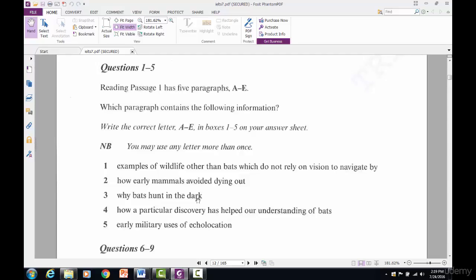Again, these are the words that I would circle so I can keep them in mind. Number 4 is talking about a particular discovery that helped our understanding of bats. And number 5 is talking about early military and echolocation.